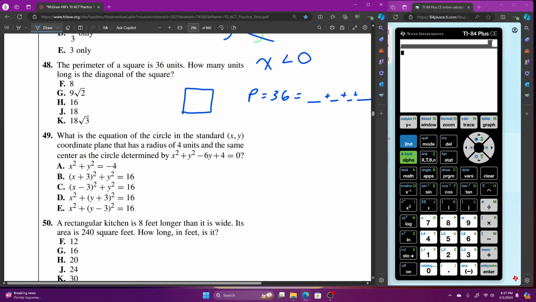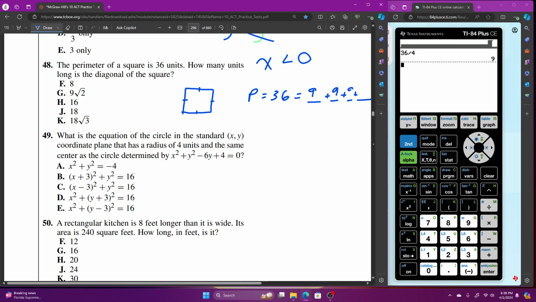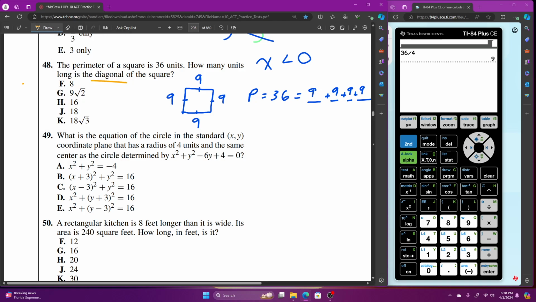You added them up, and if it's a square, it means all 4 sides are equal. 36 divided by 4 is 9. So that means the lengths are 9, the widths are 9. And how many units long is the diagonal of the square? So the diagonal. So that's the line going across here. We'll call that x.